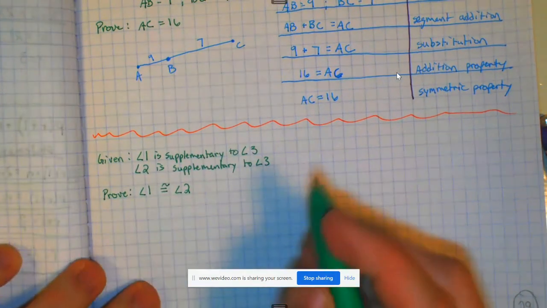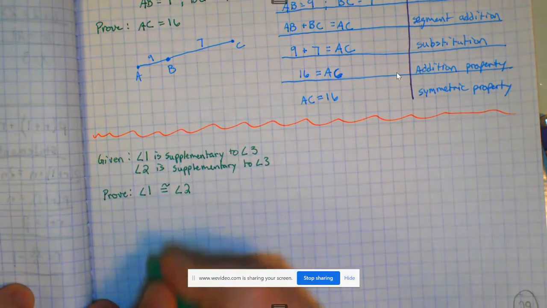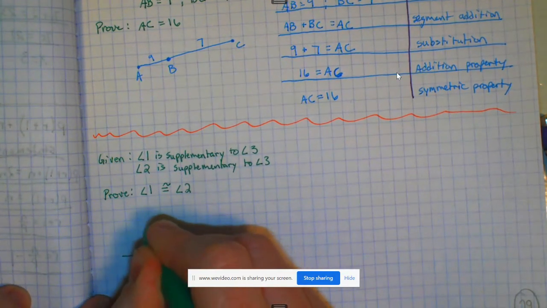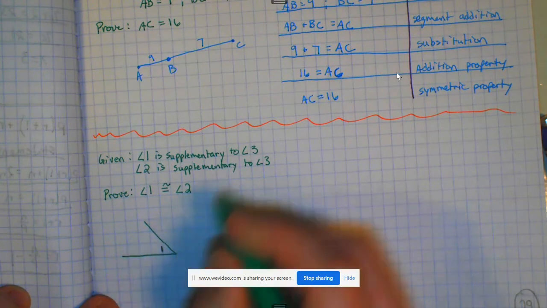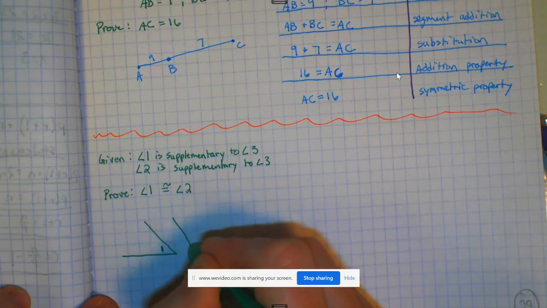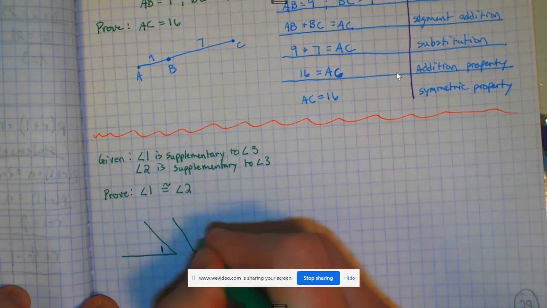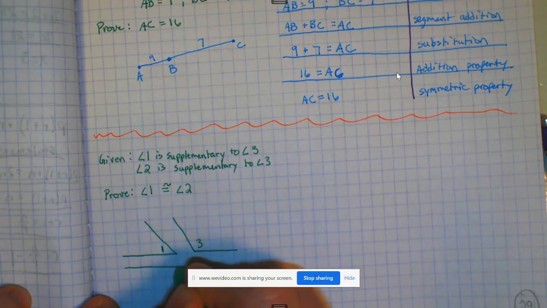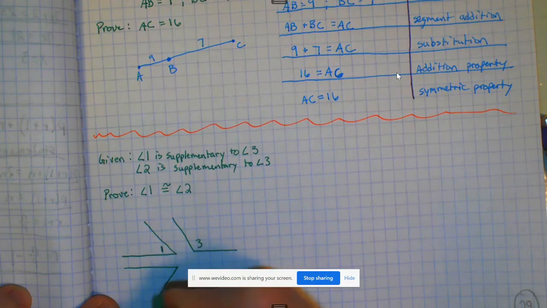And they give me a little diagram here. Okay, they say this is angle 1. This is angle 3. And they say over here is angle 2.